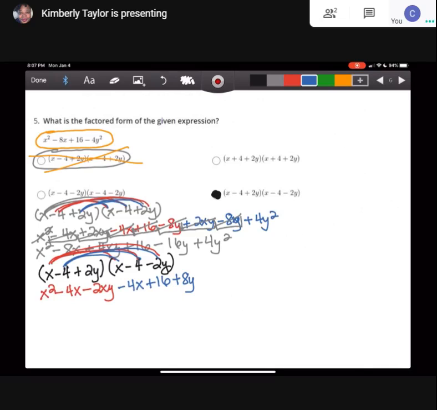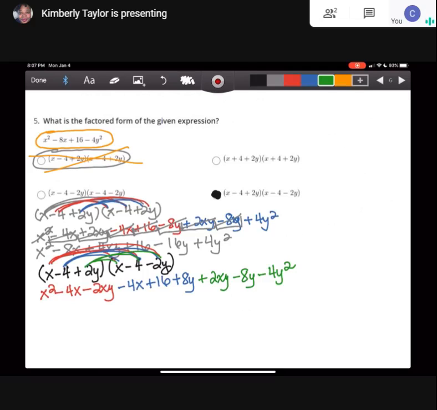Alright, now make sure I did that right. So negative 4x, yes, plus 16, yes, plus 8y, correct. Okay, let's do another one. And then 2y times all three, and you get plus 2xy minus 8y minus 4y squared.